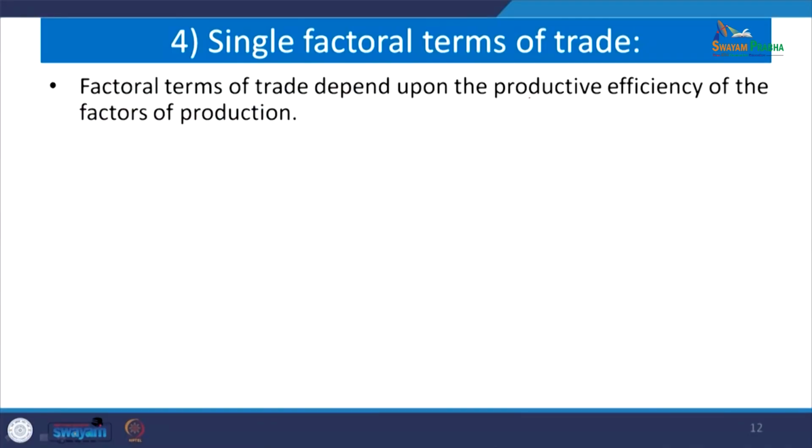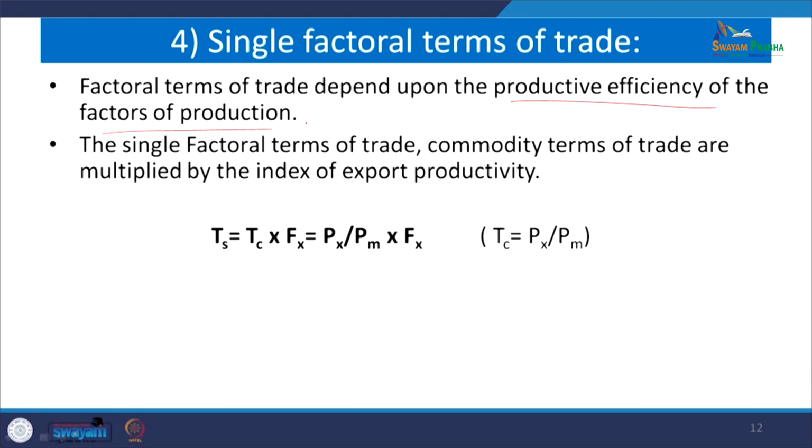Now, there are many questions related to productivity, productivity constraints or utility constraints while measuring the terms of trade. One way of understanding productivity is through single factoral terms of trade. This depends on the productive efficiency of the factors of production. The productive efficiency of the concerned factor which is utilized is also quite important to look at.